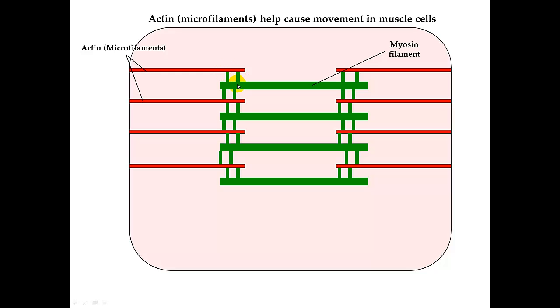And then after grabbing on, they kind of walk along each other. That allows this actin protein fiber to pull on the inside of the cell, and the overall effect is that it allows the cell to contract or get smaller.